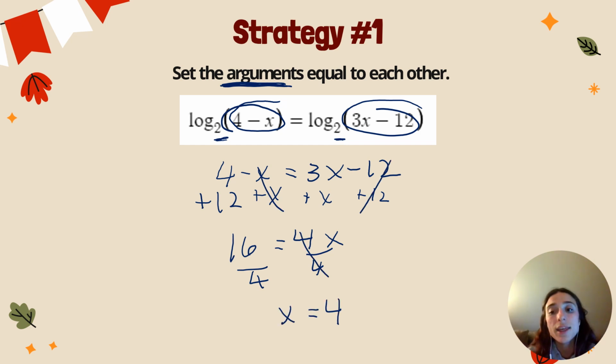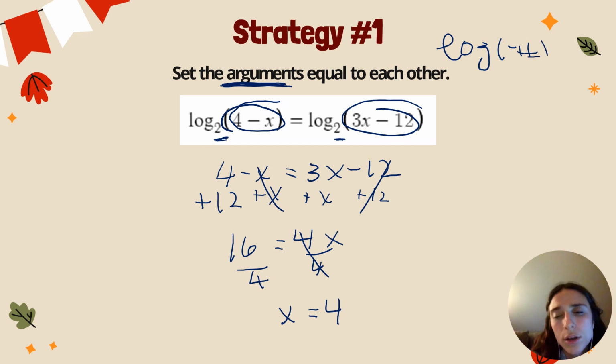Now, with log, you have to check your answers. With exponential, it's not as big of a deal, but for log, you have to check your answers. That is because you can't have log and then a negative number. You're not allowed to have that in a log. It's undefined. It doesn't work. So you need to check.